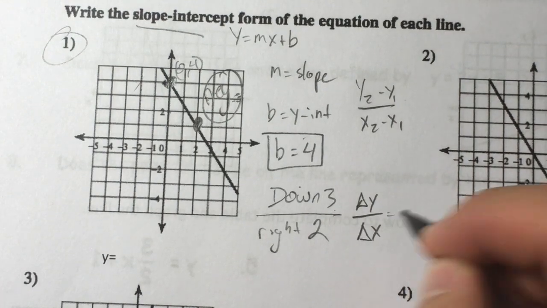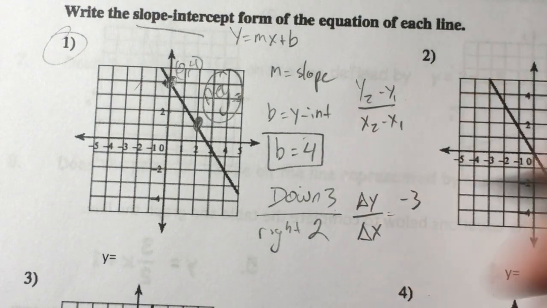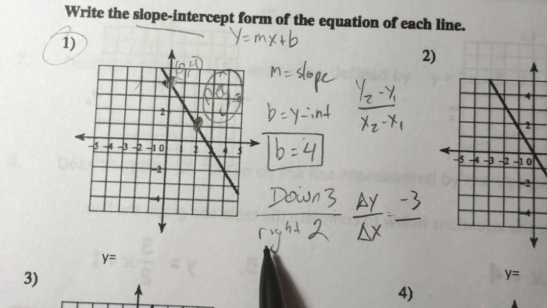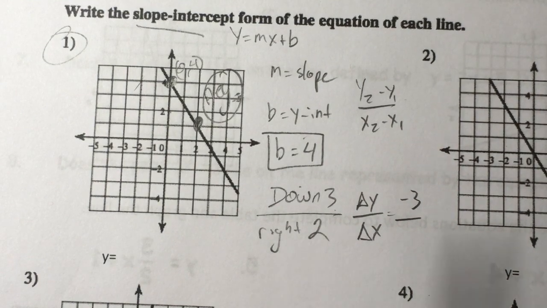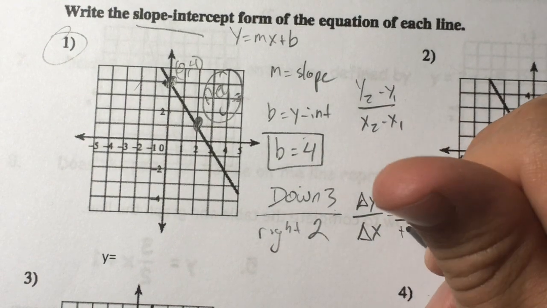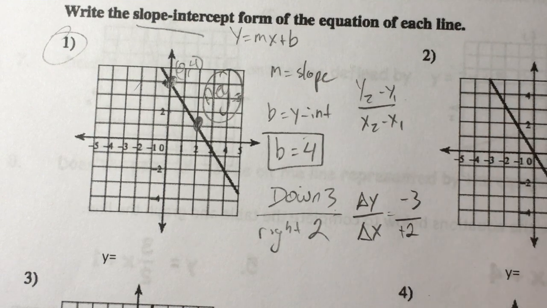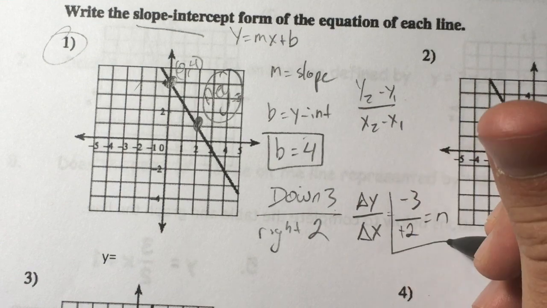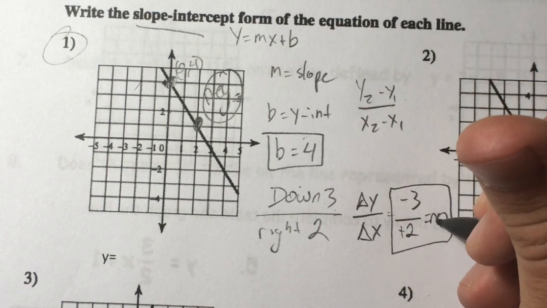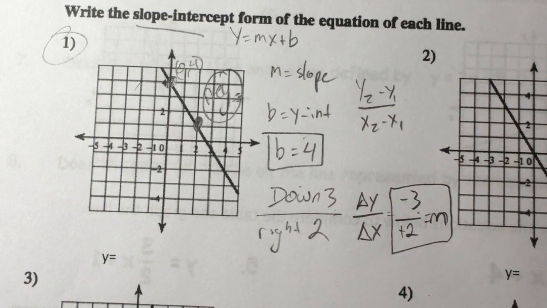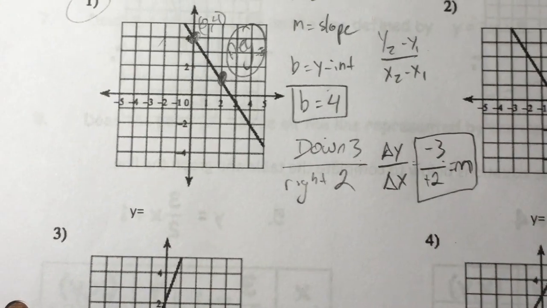Now down 3 tells me that our change in y is negative 3. And then our right 2 tells me that our change in x is positive 2. Negative 3 over 2 can't be simplified, so it stays negative 3 over 2. So our m value, or our slope, is negative 3 over 2. Now I can write my equation right down here.